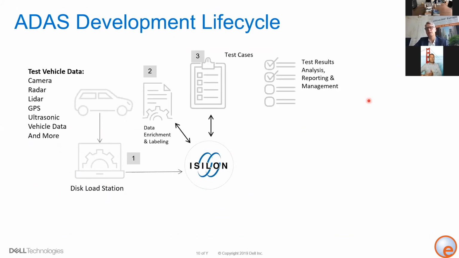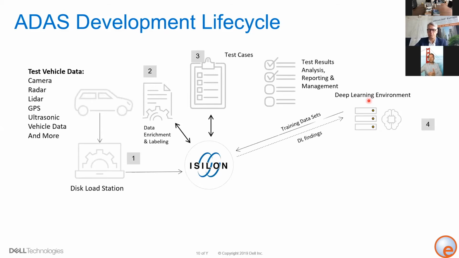And then we are starting a lot of processes: the data labeling process, the process around test and validation, to test and validate vehicles operating on German highways, on Spanish highways, everywhere in the world. And then we are starting the deep learning environment to train the algorithms.